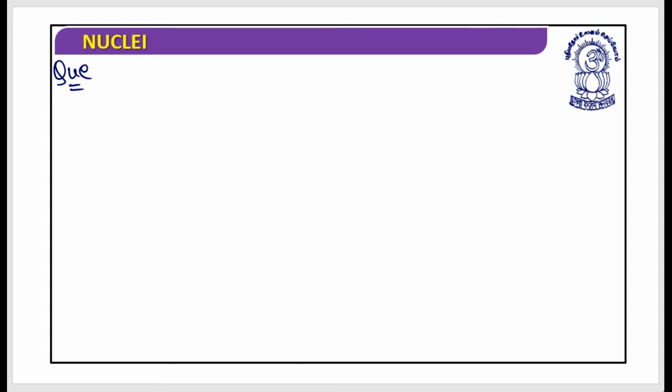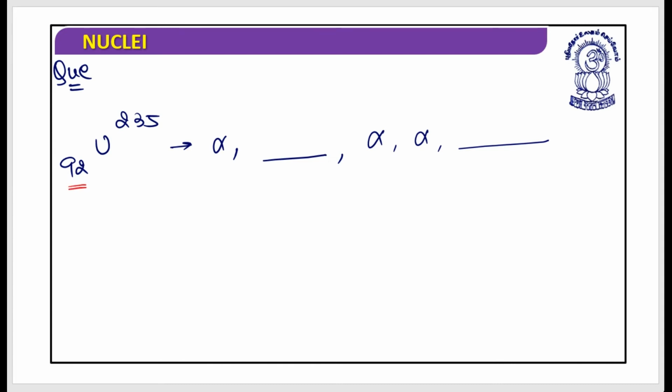Let's say we have a certain element, which is 92 uranium 235, and an alpha particle has been emitted. The next element is required. Next, 2 alpha particles have been emitted, and again the next element is required. So this is the requirement. This is the atomic number and this is the atomic mass.